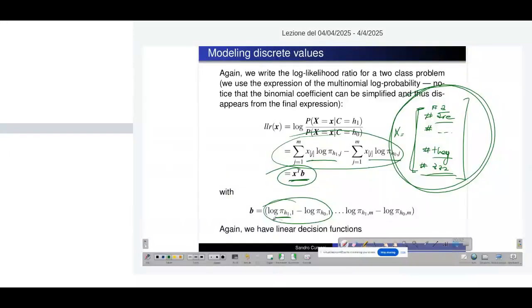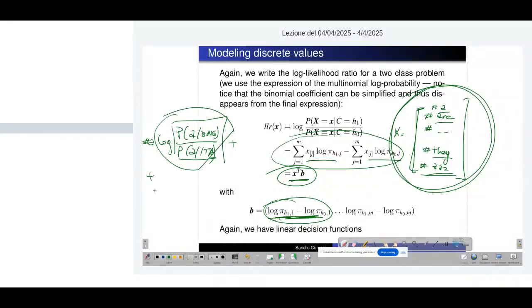So the first term here, for example, would be log probability of A given English divided probability of A given Italian, as estimated from my model. So I will count the number of A's and multiply it by this term. Then I sum it for the number of R times the probability of R given English divided the probability of R given Italian.